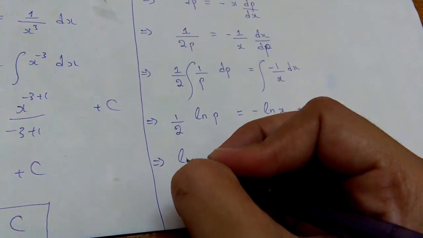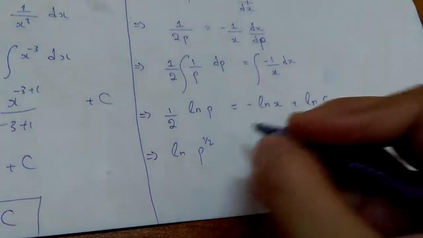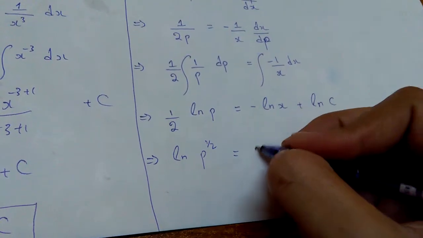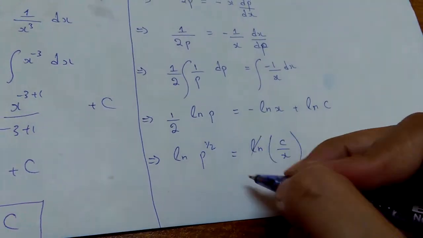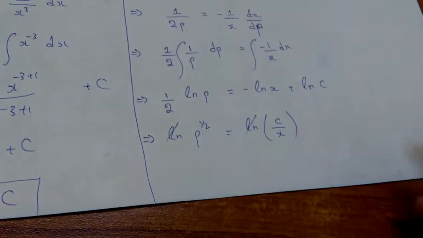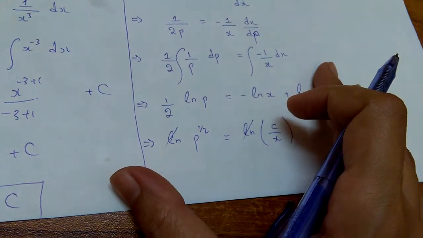So we can write it, just applying the basic properties of your log, if you just recall it. So it is c by x. Okay, this ln and ln get cancelled. You can cancel it directly, or you can apply your exponential notation at both sides.